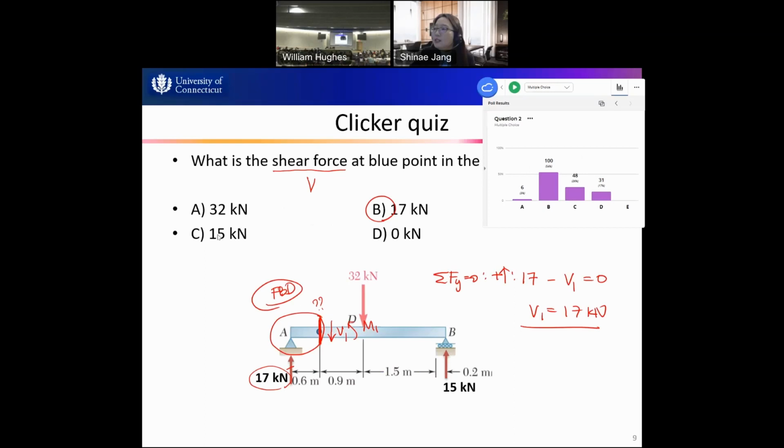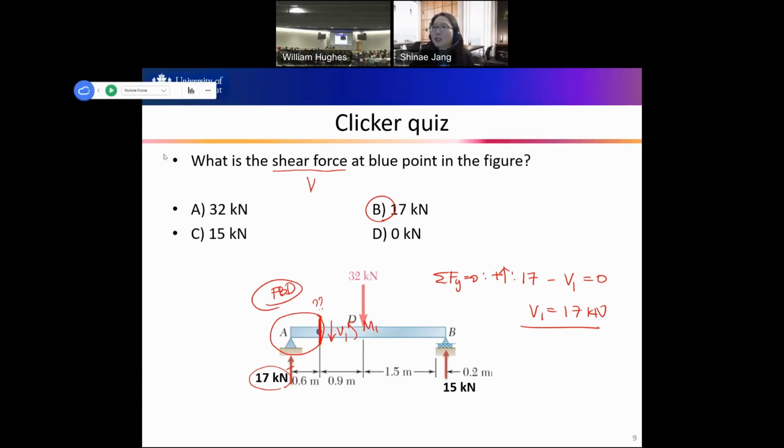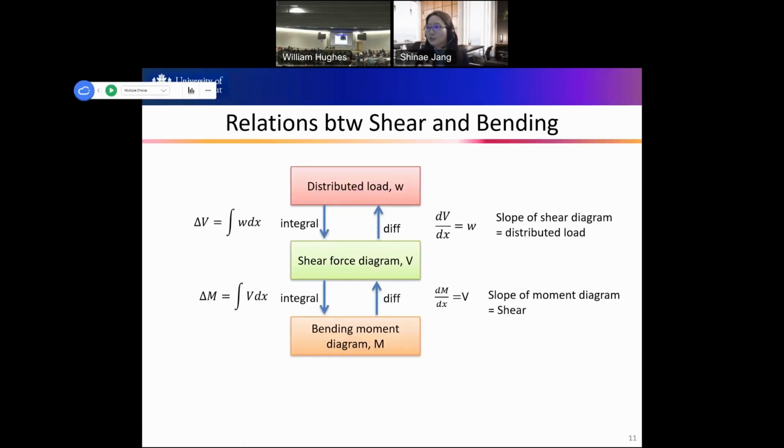And then 15 is too far, right? And then 0, there is a load, right? If there's a load, then there should be some vertical forces, except for special cases. Okay, so great job.